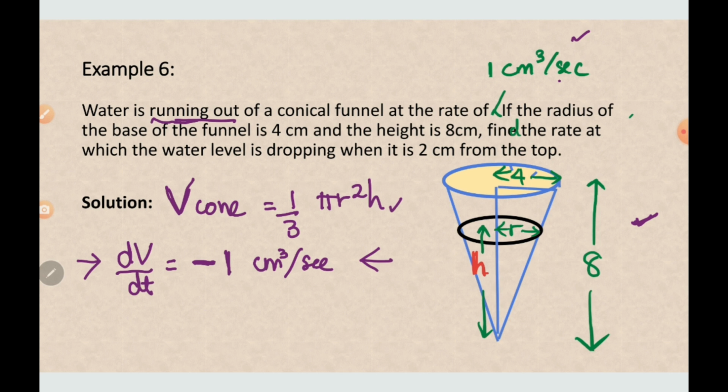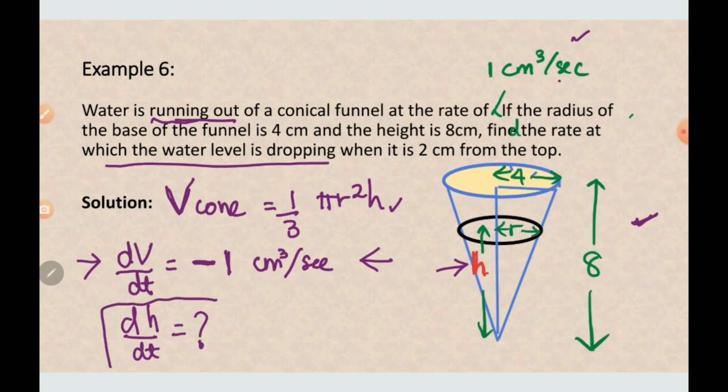Then you have to write down what is the question asked here. The question asks, find the rate at which the water level is dropping. So the question asks, what is the rate of the water level dropping, means height, dH dt.